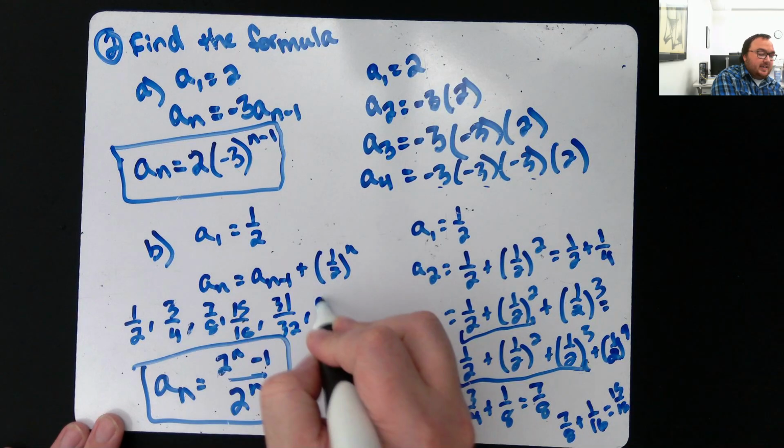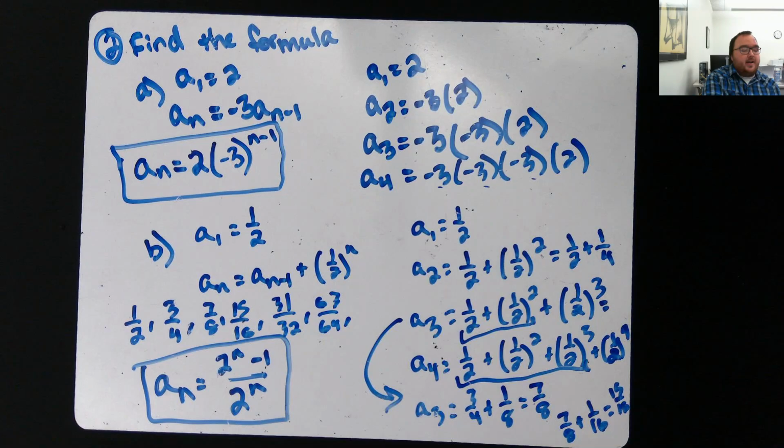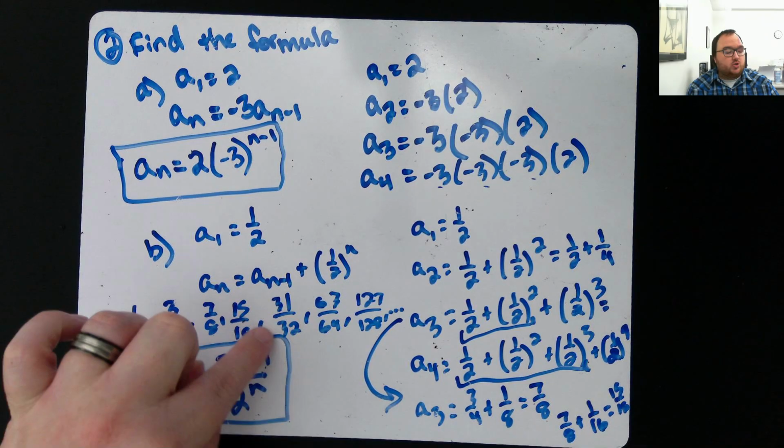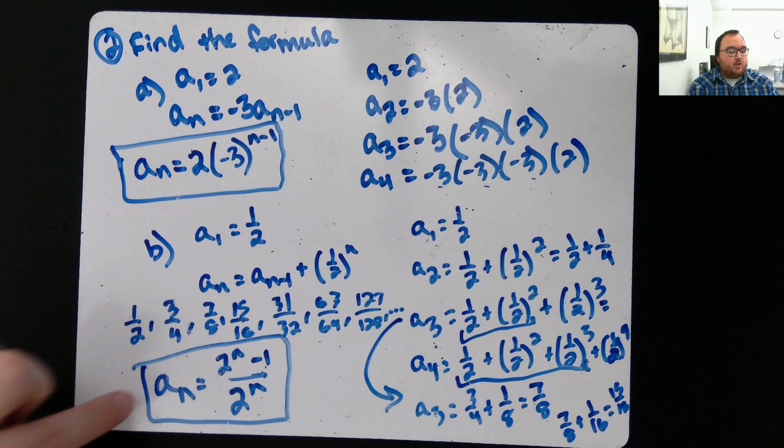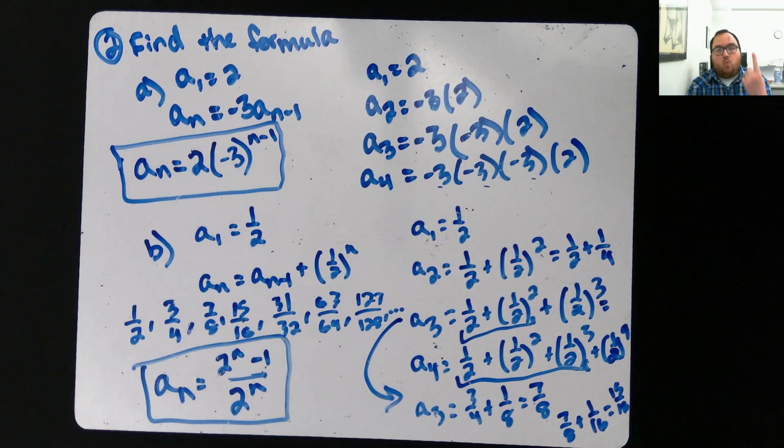My next one would be 63 over 64. My next one would be 127 over 128, and keep going. Notice these terms are getting closer and closer to 1. So this sequence a(n) converges to 1 because my terms are getting really close to 1.